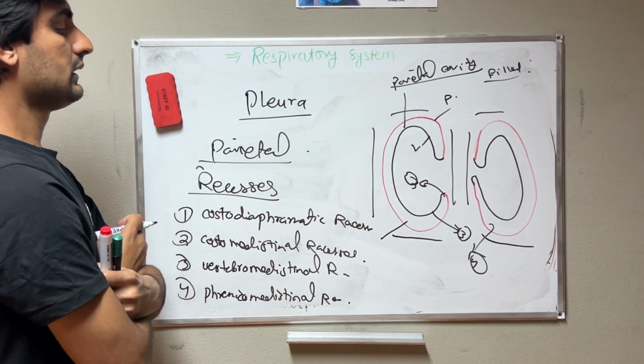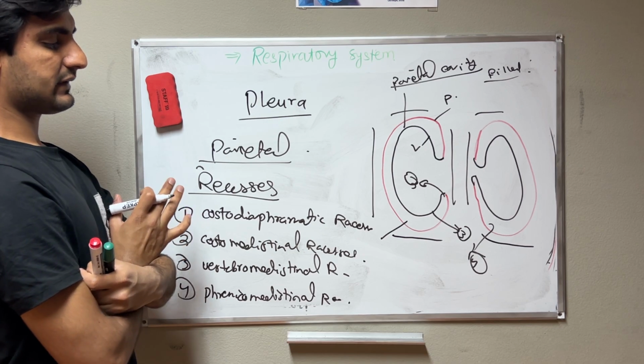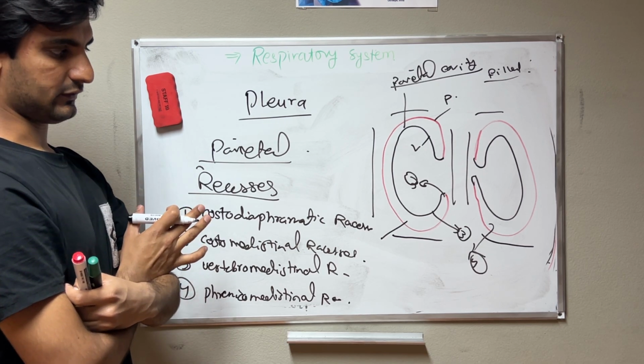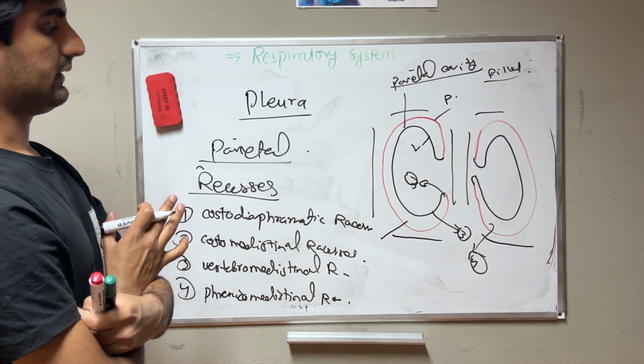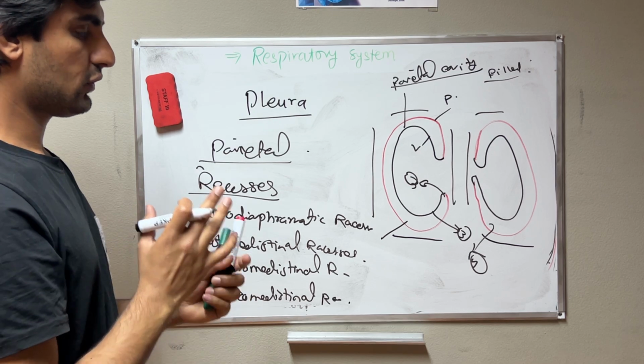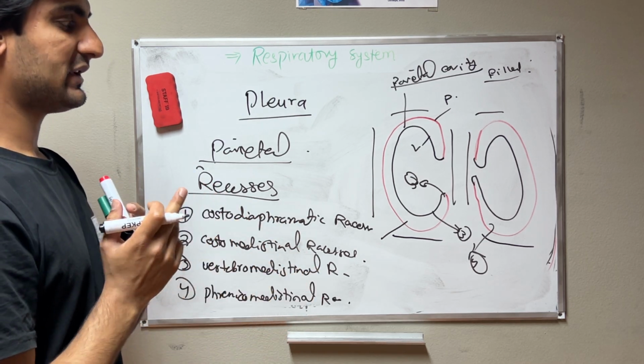Okay, we discussed the pleura, the parietal and its parts and recesses. We will continue with the mediastinum.